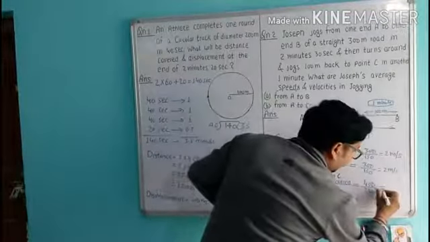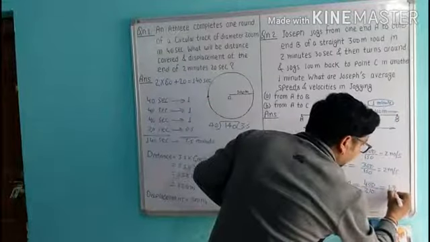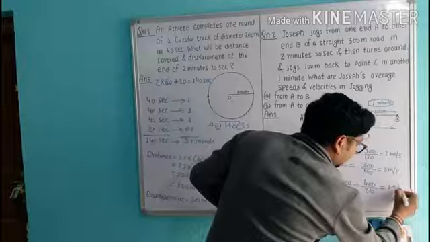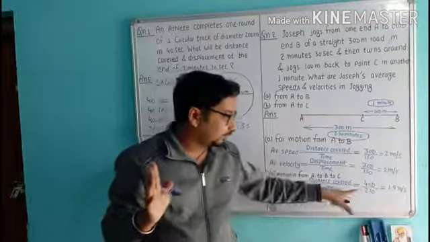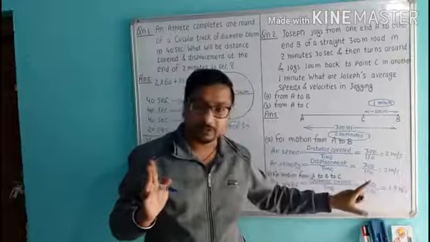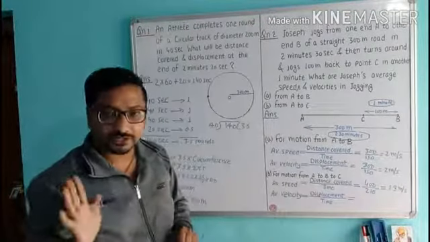So we will get 1.9 meter per second. When we divide 400 by 210, we get 1.9 meter per second.